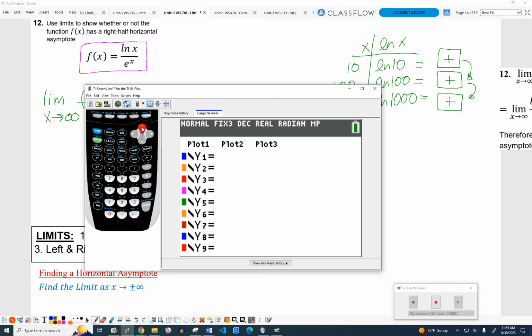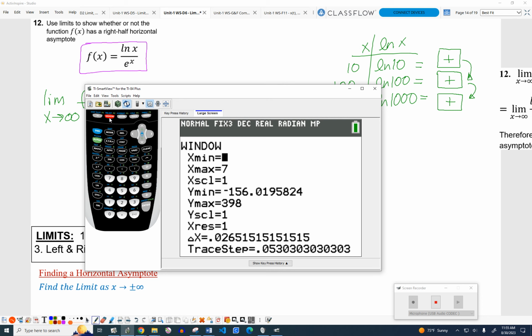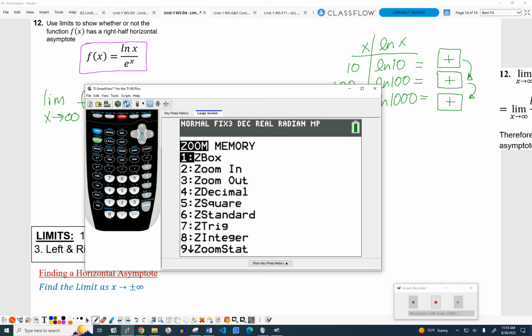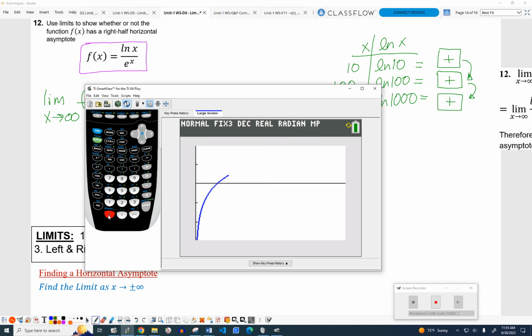So we plot ln of x, go from 0 to like 1,000 or something, 10,000. Y values get bigger and bigger, and they do so at a slower and slower rate. But they are getting bigger and bigger.